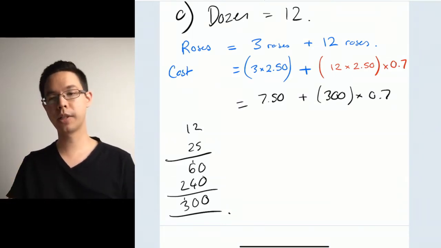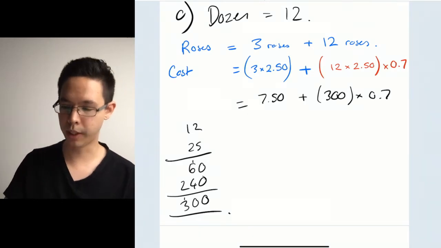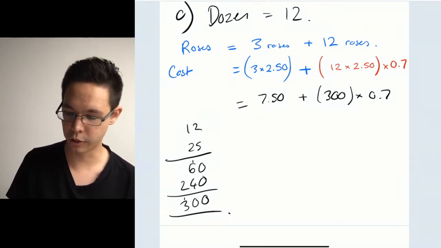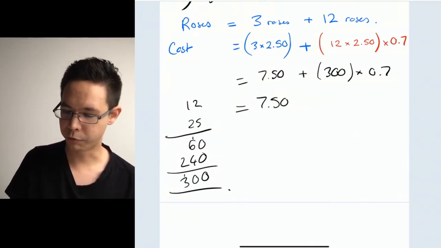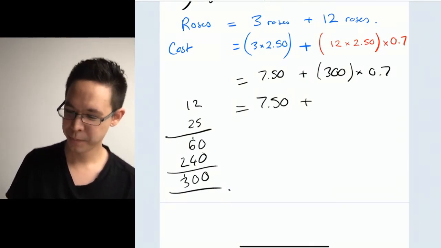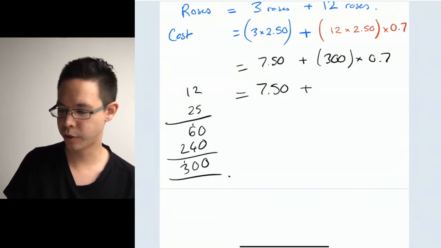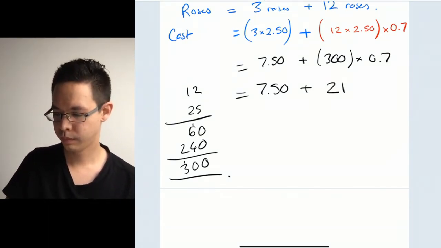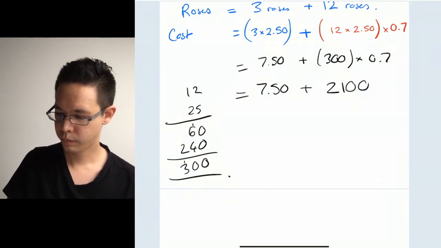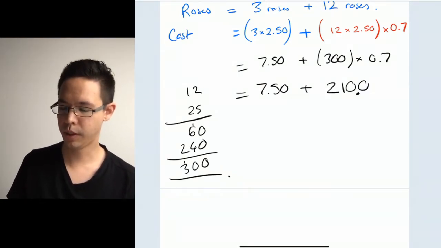If I've made a mistake while trying to calculate these things by hand in my head so fast, please everyone just yell in the chat if I've done that wrong. And my wife will let me know I'm wrong. 300 times by 0.7 will just be... yeah, I think that's right.